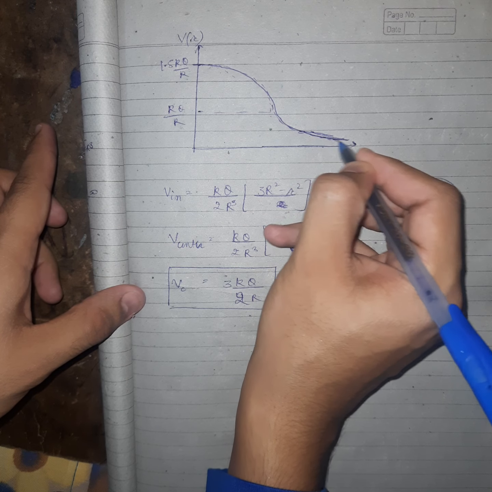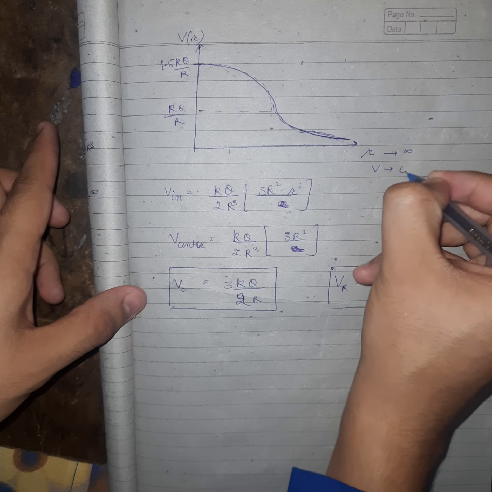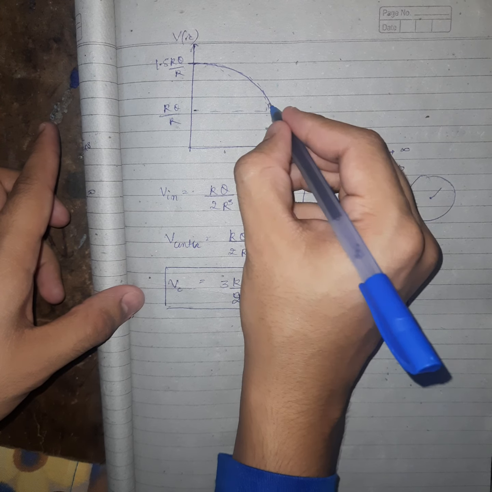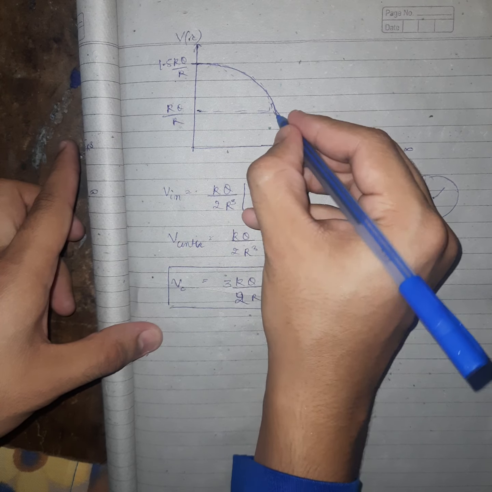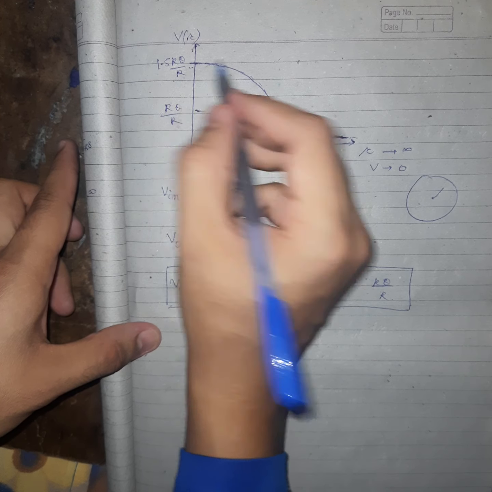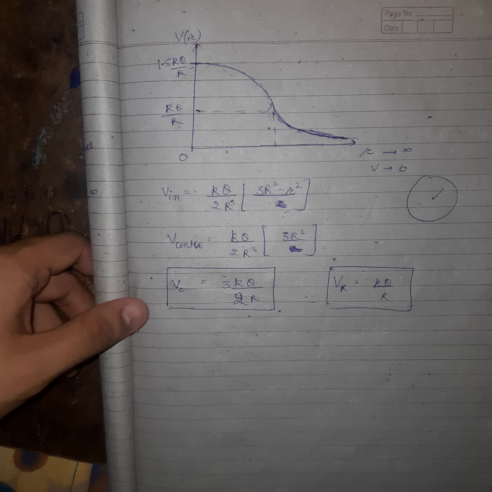As r approaches infinity, potential approaches 0, so potential will be approximately 0 at r equal to infinity. So this is the surface and this is the center. This will be the graph of potential with respect to r.